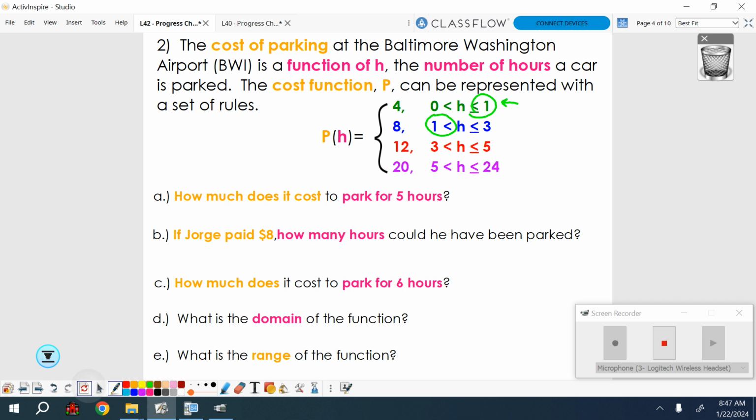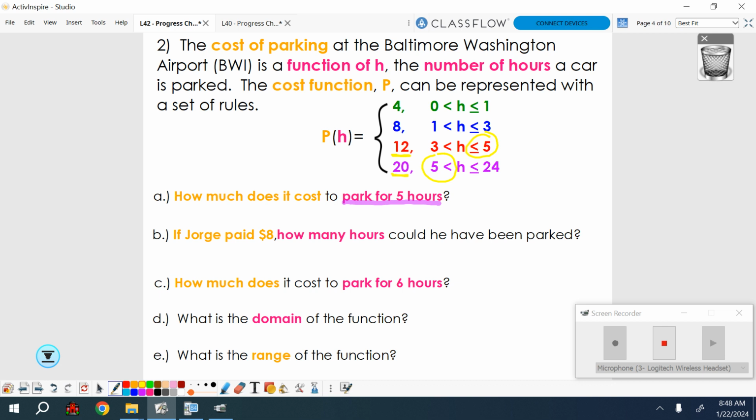So let's look at a couple of these problems here. So for problem number 1, it says how much does it cost to park for 5 hours? So what we want to do is look at our rules and figure out where is 5 hours included. And remember, we'll see 5 hours is listed here and here. Now, what that means, it can't be $12 and $20.